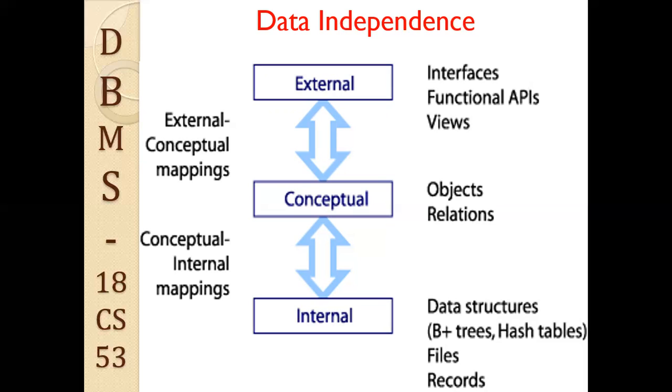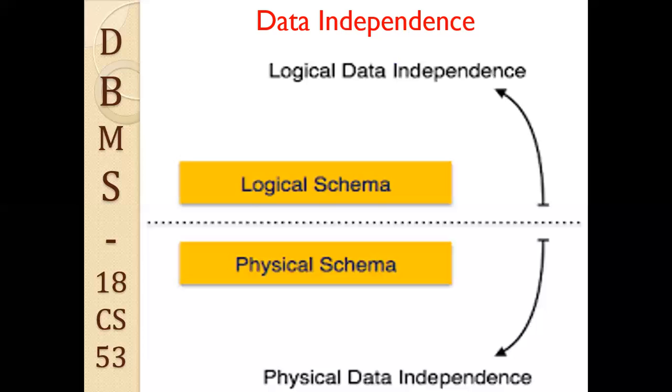Similarly, at the conceptual level, to give the structure, sometimes I may use tables, the relational model, sometimes the ER model, or some object oriented model. Whatever model you use to represent the structure, this should not affect the users with the different views. Based on that, we have logical data independence and physical data independence.